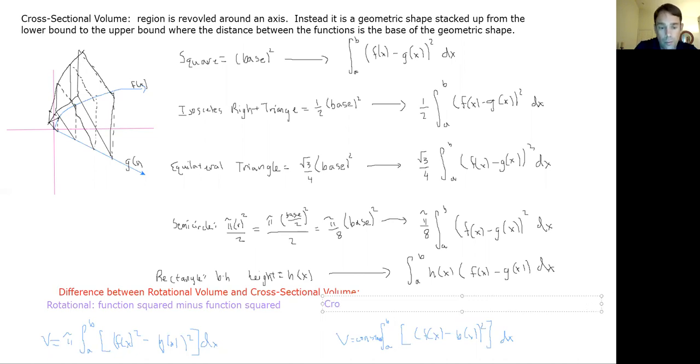It's the order. So that's the big difference. Rotation, square the two functions, then find the difference. Cross-section, subtract first, then square it.